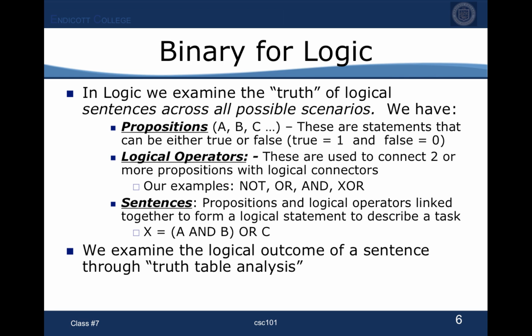They're either true or false, and I want to put them together in order to cause more complex actions to happen when they're supposed to happen and not happen when they're not supposed to. So I'll connect propositions with things called logical operators. These are used to connect two or more propositions.